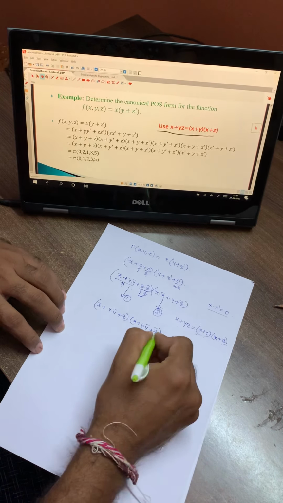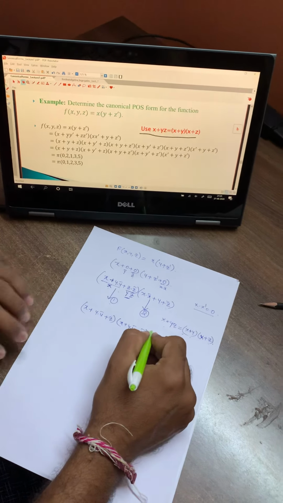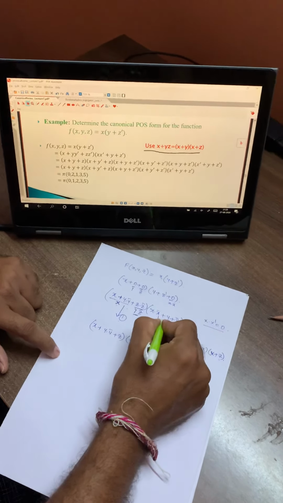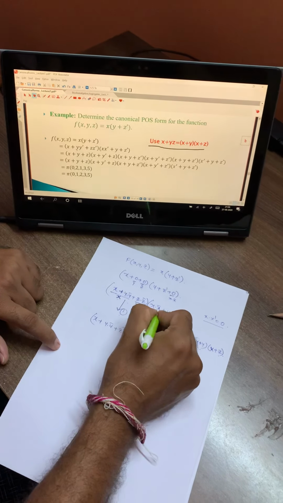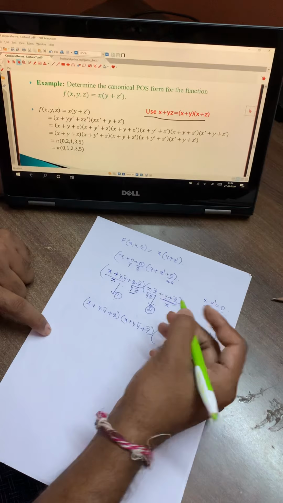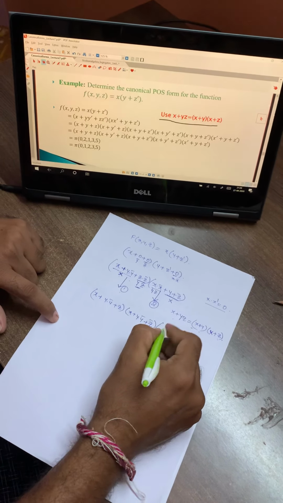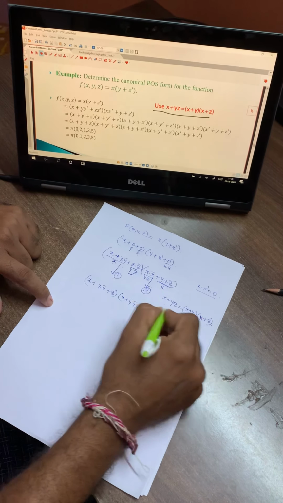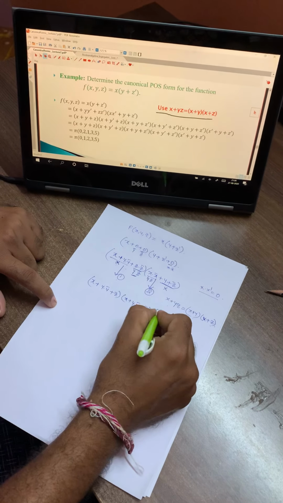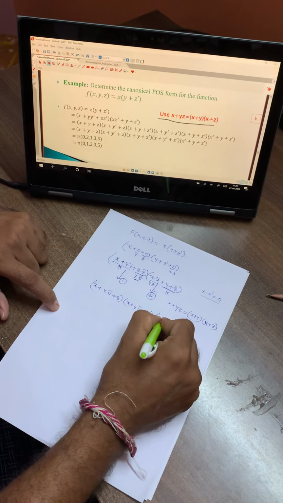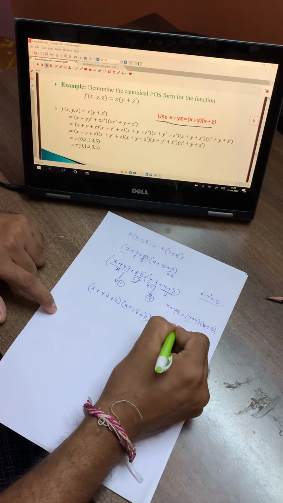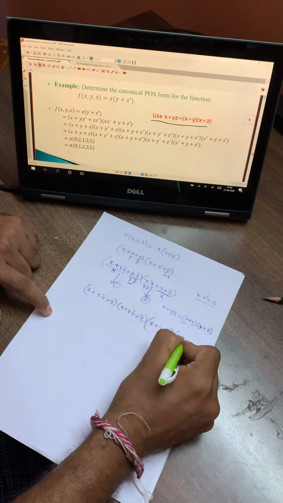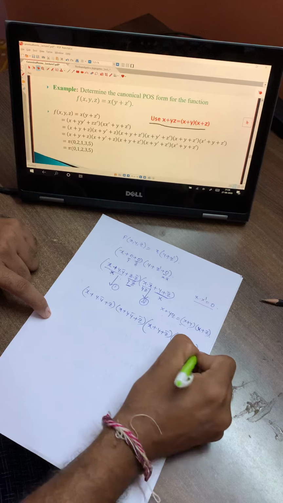Then for the second term, take this as capital X and this as yz. The second term is represented as x plus y plus z bar into x bar plus y plus z bar.